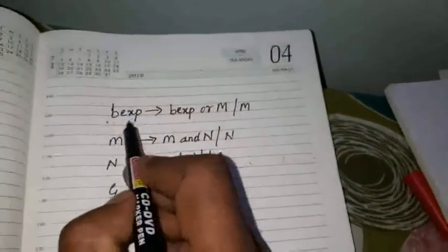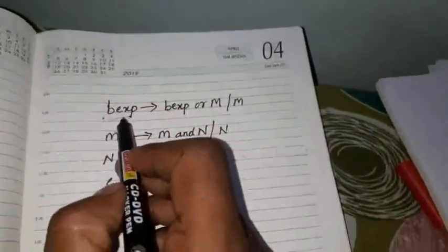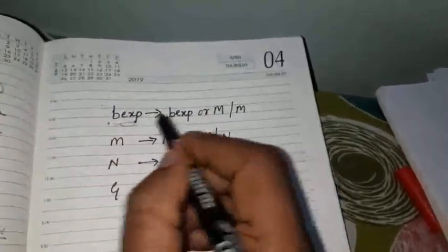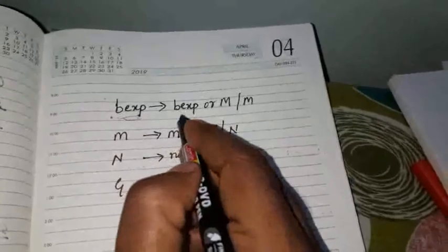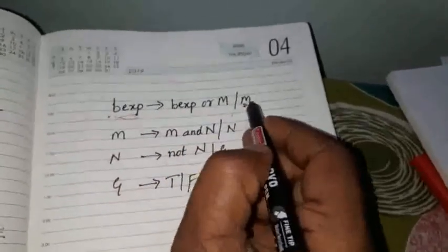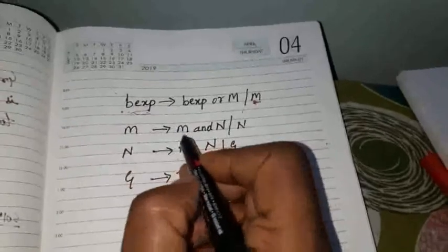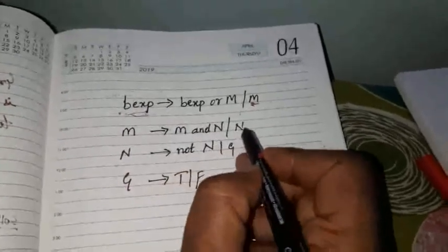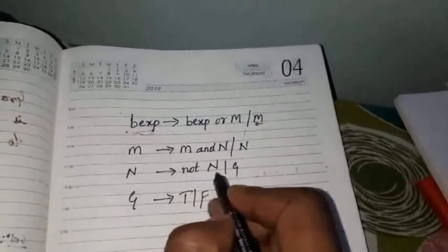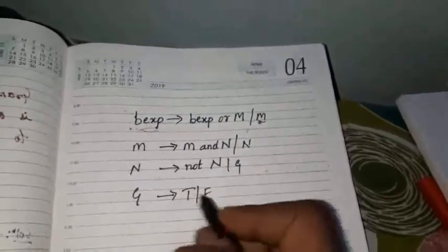Here, instead of E they have used Boolean expression, and instead of T they have used M. So Boolean expression turns to Boolean expression or M. Why is this? If I want to directly go to and without using or, then we have M tends to M and N bar N. N is right associative. See, not N bar G, where G can be true or false.